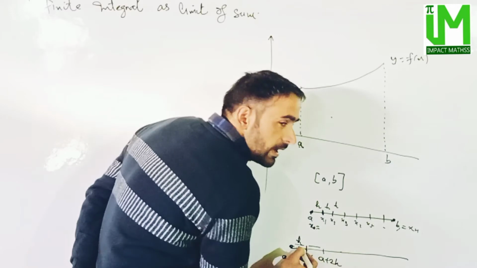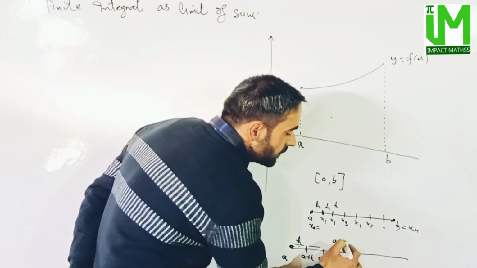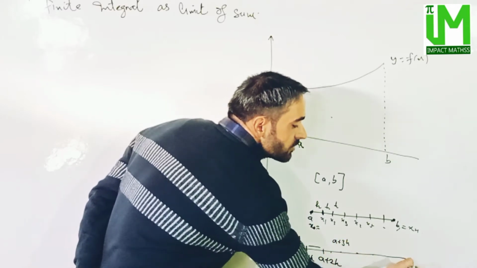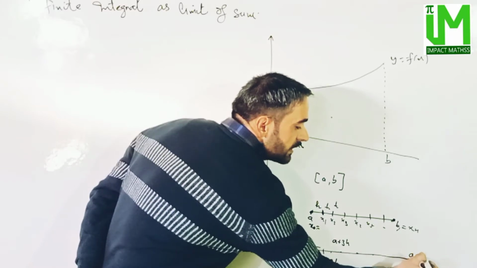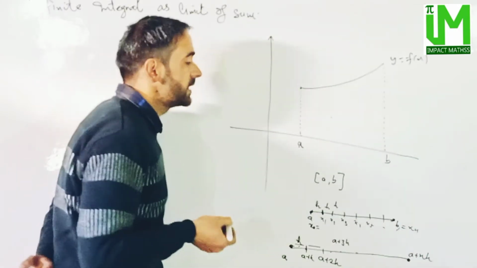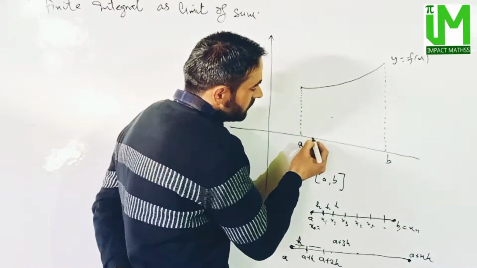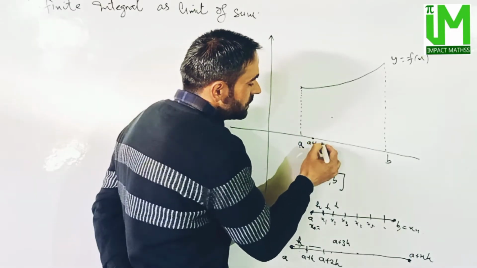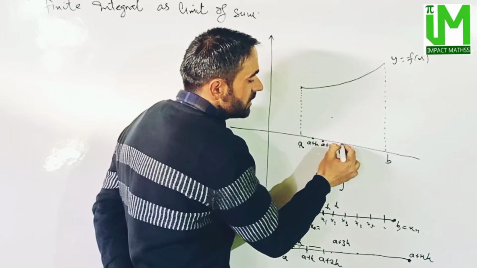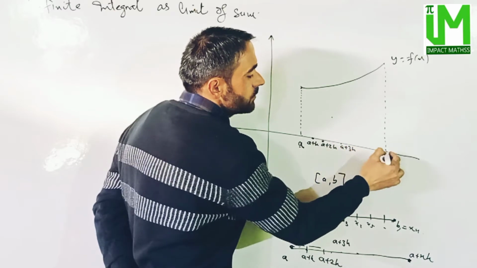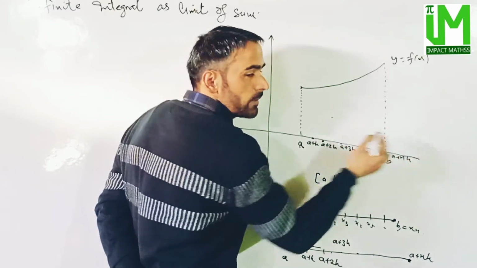Next we will have a plus 3h, up to the last point, which is a plus nh. So the points are a plus h, a plus 2h, a plus 3h, up to a plus nh.